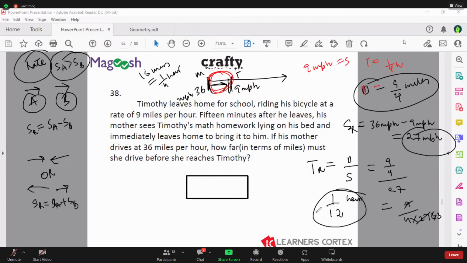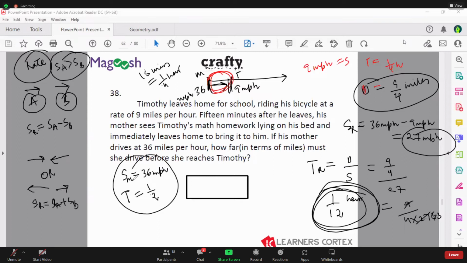So mother travels a total of 1/12 of an hour, which is basically 5 minutes. Now, the speed of mother is 36 miles per hour, and she's traveling for 1/12 of an hour. To take out the distance, you multiply these two.